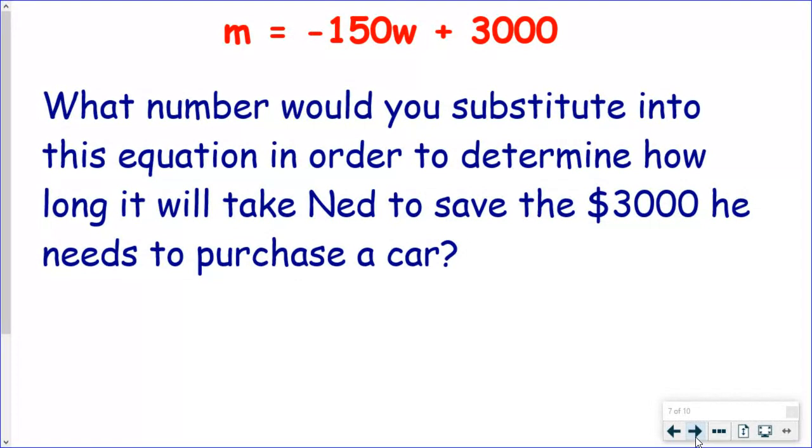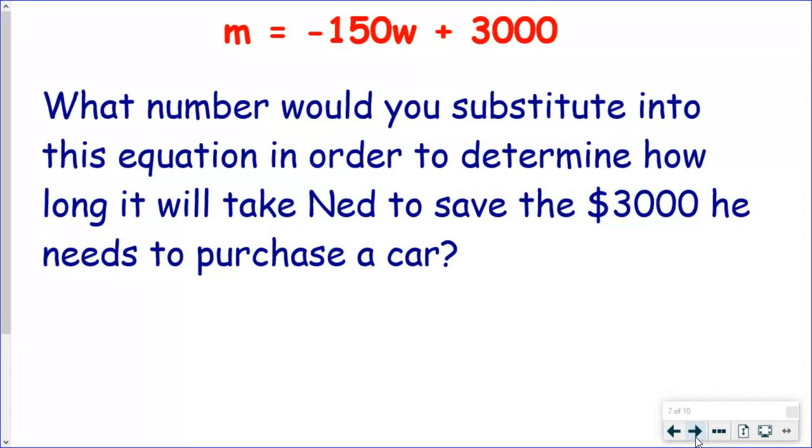What number would you substitute into the equation above in order to determine how long it will take Ned to save $3,000? Well, what number would you substitute into this equation? Think about it. He needs to save $3,000, and it says how many weeks.